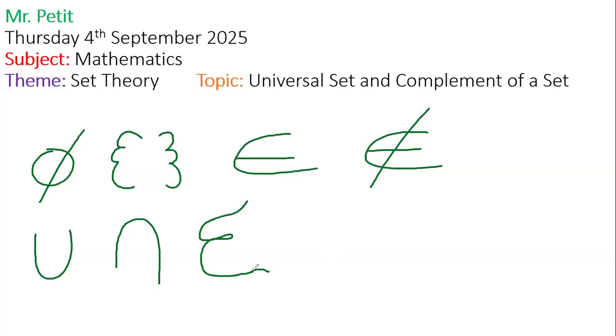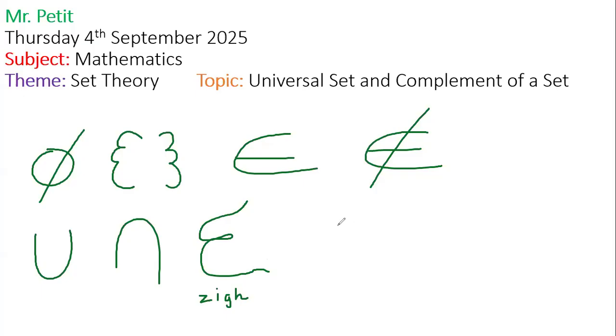Xi. Xi, but what does it mean? Is it the universal set? Yes, the universal set. Very good.